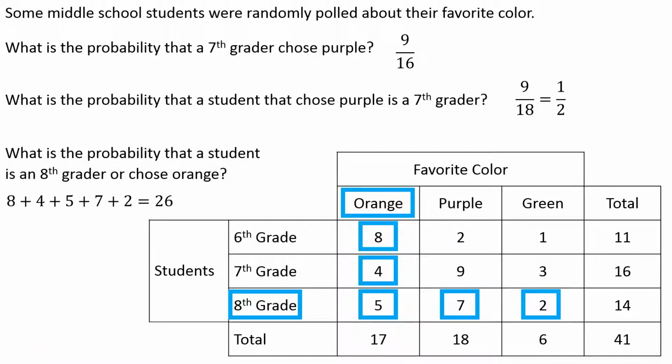So 26 students are either 8th graders or they selected orange. Again, in math, this is kind of weird. If they're both 8th graders and they selected orange, it counts as an OR. And of course, there were 41 students altogether. So the probability that a student is an 8th grader or chose orange would be 26 over 41.